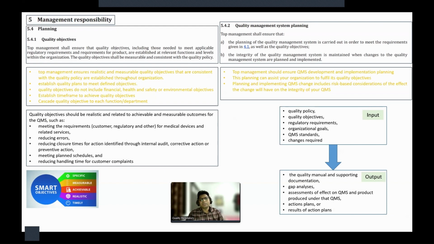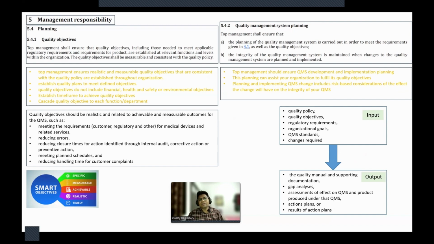The quality objectives shall be measurable and consistent with the quality policy. Top management ensures realistic and measurable quality objectives consistent with the quality policy are established throughout the organization. Establish a quality plan to meet the defined objectives. Quality objectives do not include financial, health and safety, or environmental objectives.